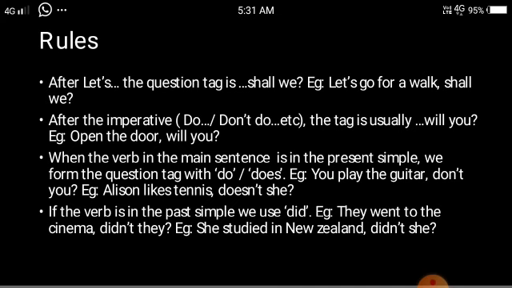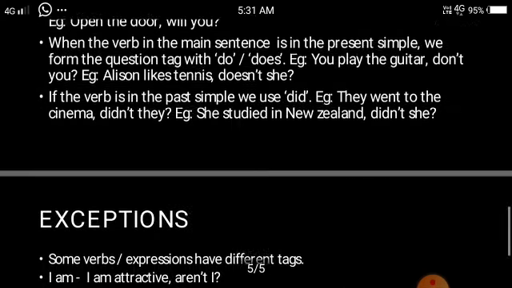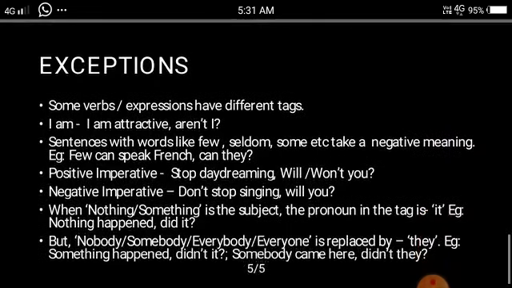She studied in New Zealand. Didn't she? So here you have the simple past where you are going to use the verb did when you form the question tag. If it is positive, then it is did. How do you make it negative? Did not, by adding not.